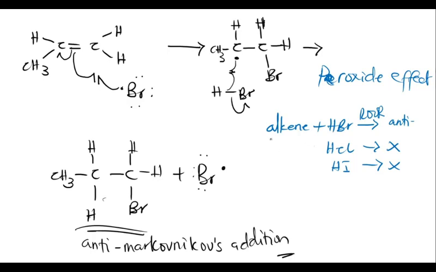Normally, if we don't add peroxide, this reaction will go via the Markovnikov's addition, where the bromine will be added to the more substituted carbon. But because we have a peroxide over here, and due to the peroxide effect, the bromine is being added to the less substituted carbon instead of the more substituted carbon in hydrohalogenation.